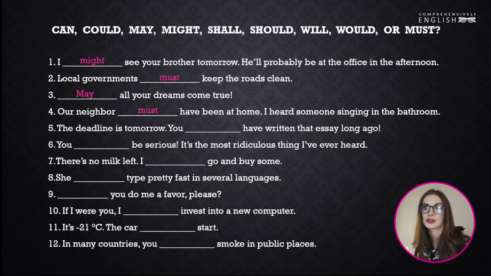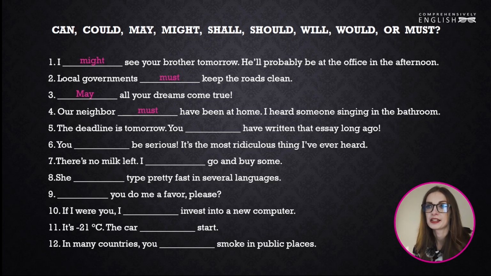We say, I might see your brother. We are not sure at all. In the sentence number 4, we are pretty sure that this is our neighbor because we know his ways. We know that he likes to sing in his bathroom, right? So we can say it must be our neighbor, yeah, because we heard him singing.